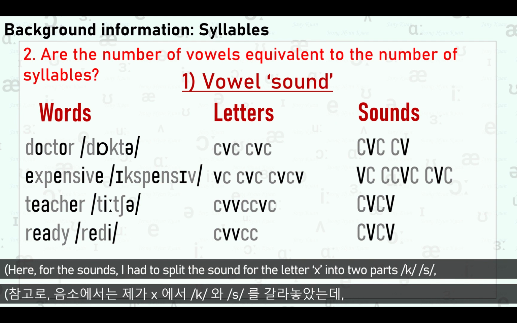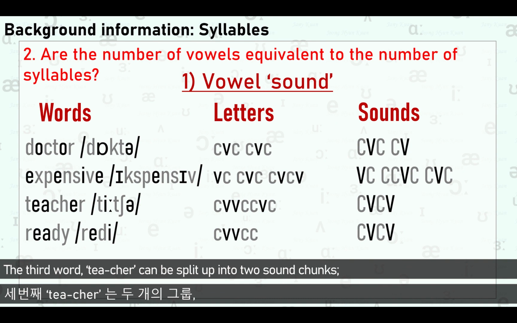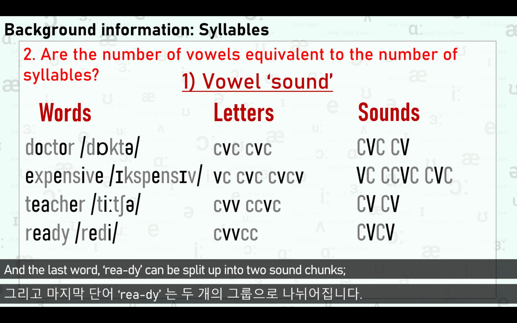Here, for the sounds, I had to split the sound for the letter X into two parts, K and S, because of a rule of splitting that I will be mentioning in question 3. The third word, teacher, can be split up into two sound chunks. And the last word, ready, can be split up into two sound chunks.